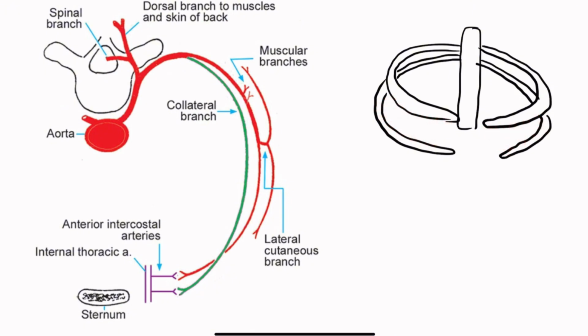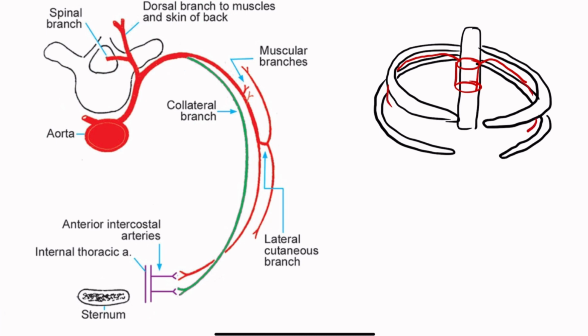This region is supplied with blood vessels from behind arising from the aorta. So here's the aorta. From the aorta arise branches that supply the region between the two ribs. These branches are intercostal arteries, and since they are present posteriorly, they are the posterior intercostal artery.